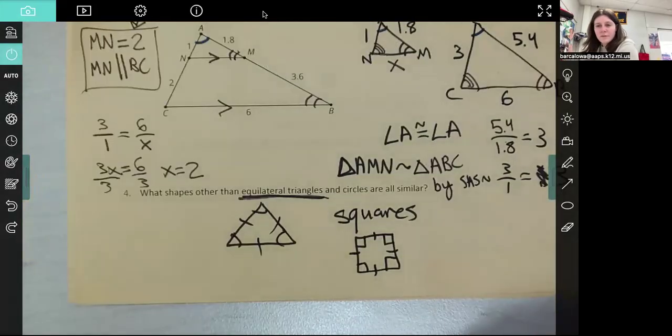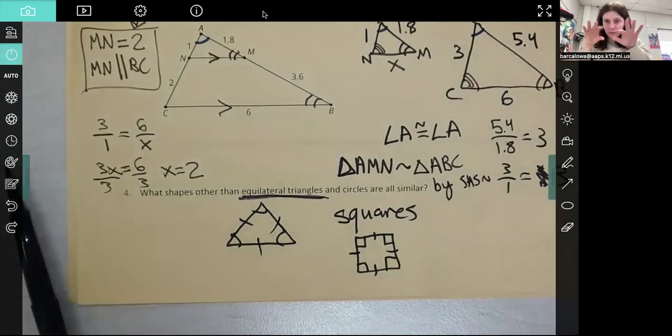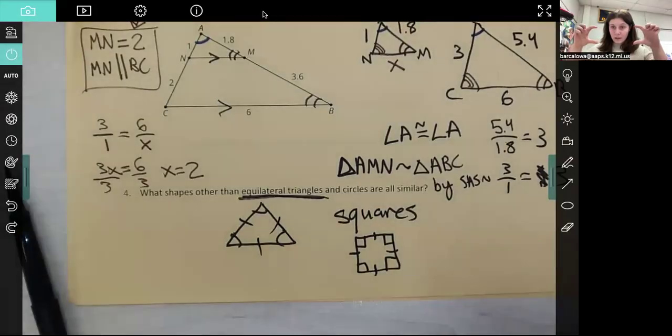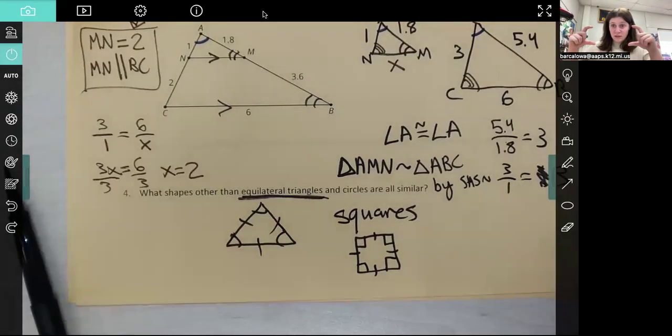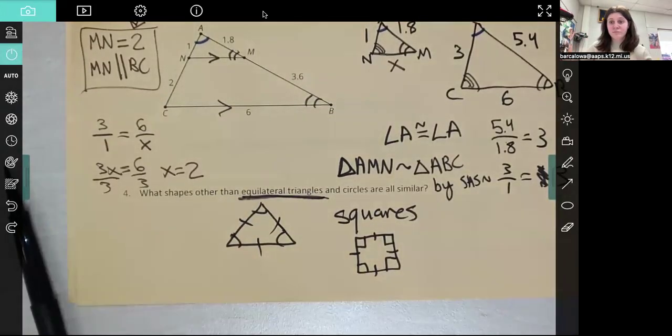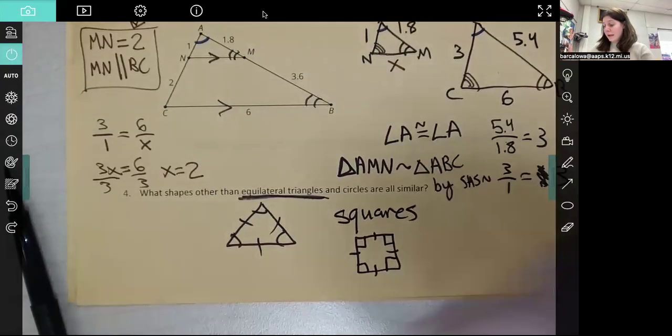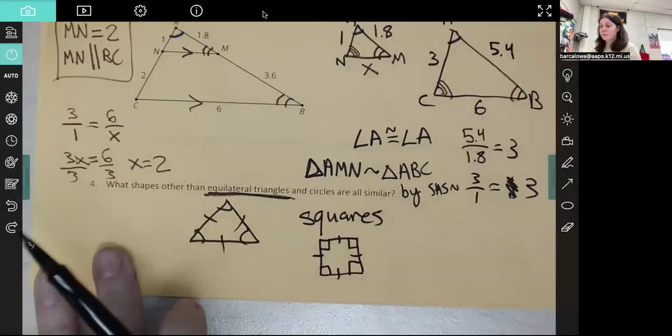It wouldn't be enough to say a rectangle because, let me show you, look at my little screen over here. If I have two rectangles, one of them is really long like this, and the other one is really short like this. Are those similar to each other? This and this? No. Okay, I have to have all congruent sides and all congruent angles.